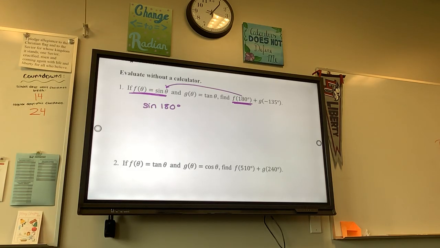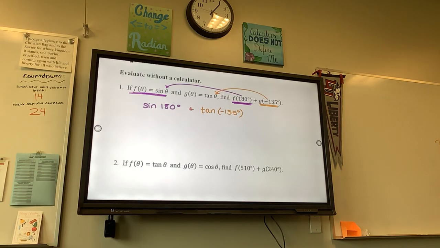Bring down a plus sign, because now we're going to do G at negative 135. What do I do with that? G at something, plug it in for theta, but in the G function this time. So what does that look like? Tangent of negative 135.